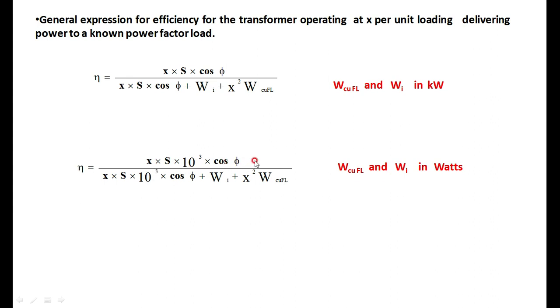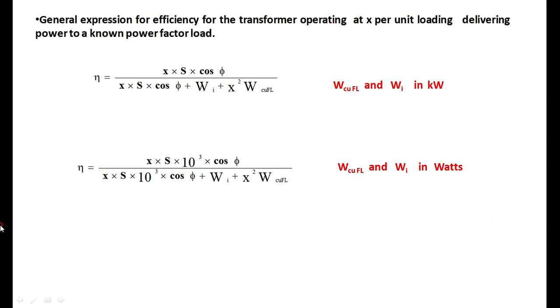This gives the watts. Therefore, it is the loading factor multiplied by the kVA rating of the transformer multiplied by 10 raised to 3 into the power factor. Similarly, this is the output, and iron loss is also in terms of watts. The copper loss is also in terms of watts, x square times the copper loss. This is how you have to use the formula and calculate the efficiency of the transformer.